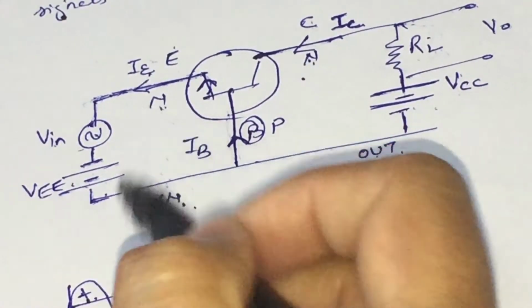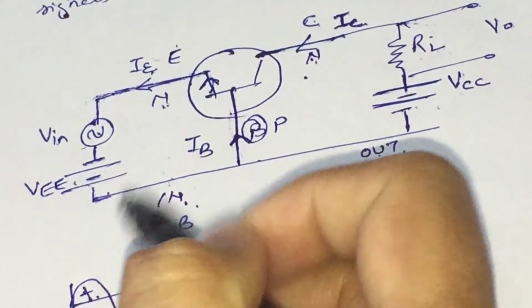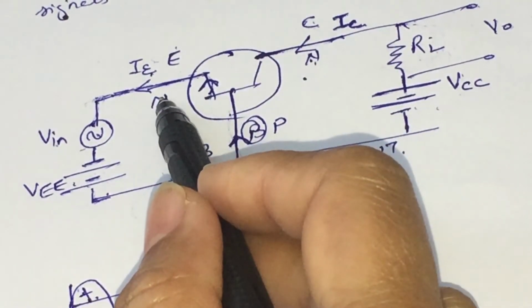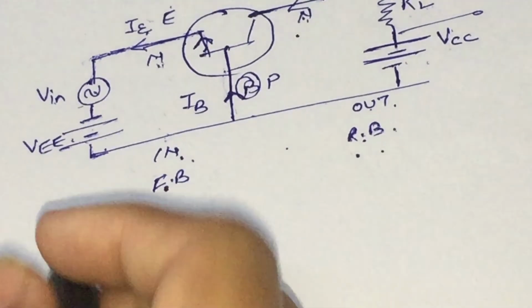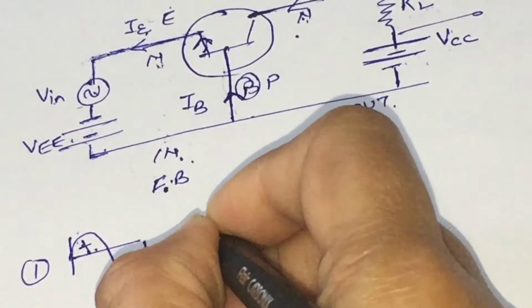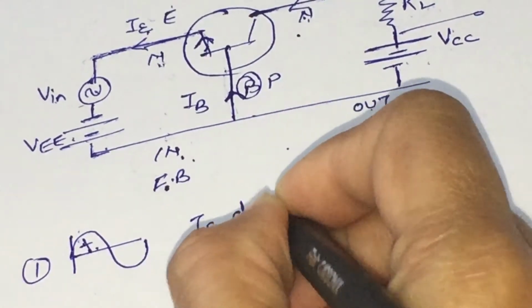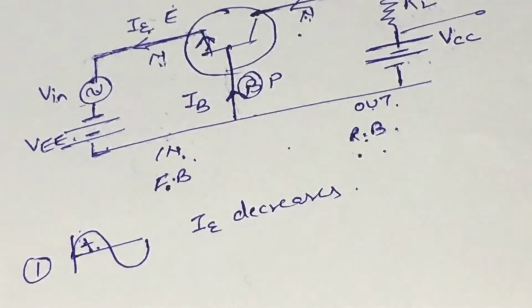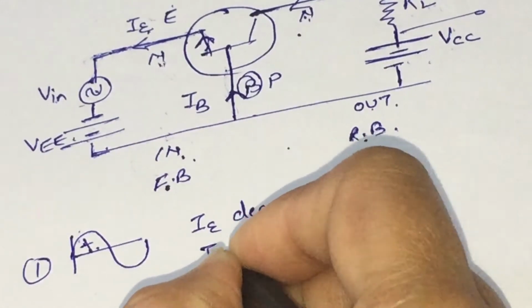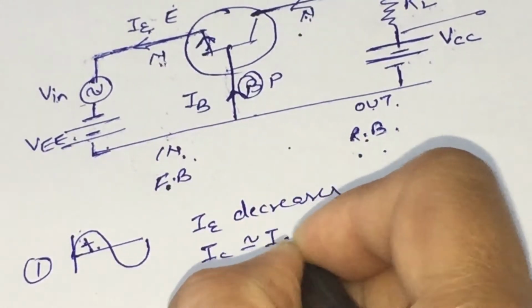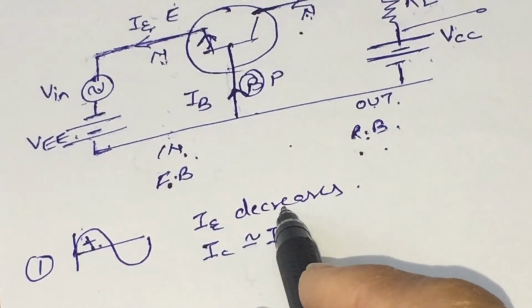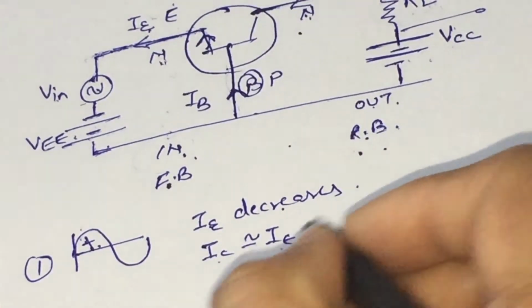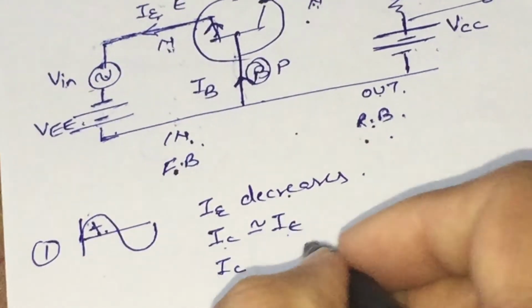It means it will decrease the forward biasing, that is, decrease the voltage applied in forward biasing. Due to this, the emitter current decreases. We know that the collector current is approximately equal to the emitter current, so the decrease in the emitter current will also decrease the collector current.